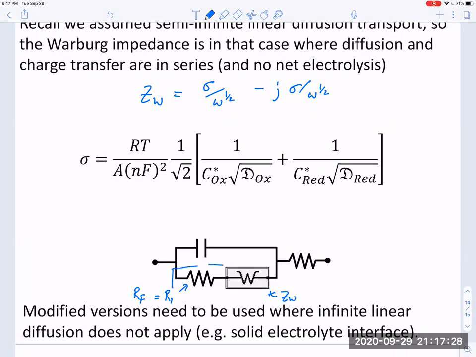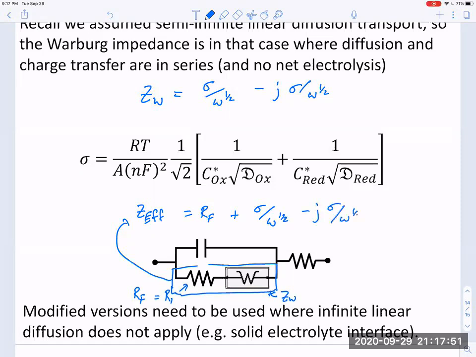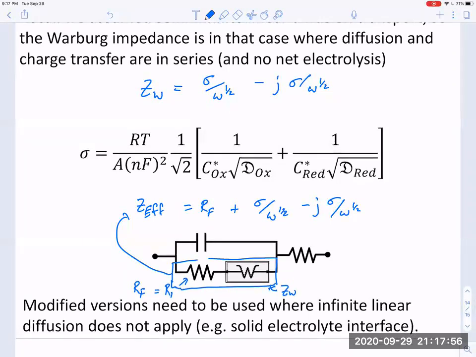So if we look at the entirety of the black box, the effective impedance would be RF plus our entire Warburg element, which is the real portion, sigma over omega to the 1/2, minus j, imaginary number j, sigma over omega to the 1/2. So this is the derivation for the Warburg impedance, this 45 degree feature that we see.